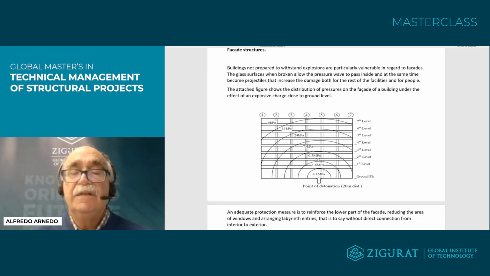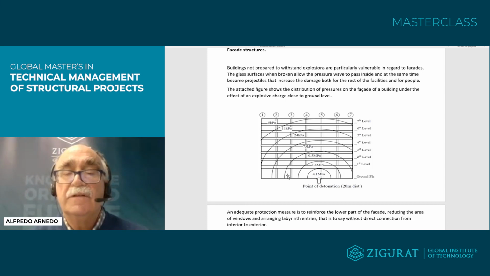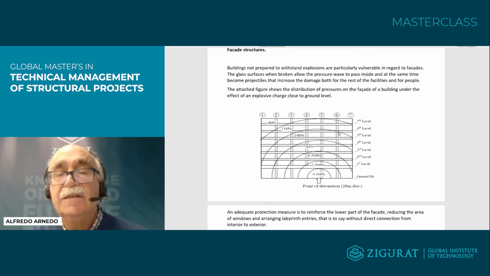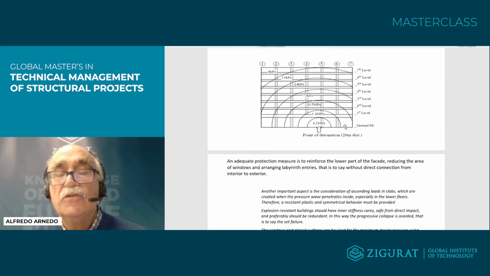As you can see at the bottom, the pressure is not linear, it is not proportional to the distance. This is the weak part, the problematic part. We have to reinforce all this part of the facade, and it's not so important in the 6th and 7th levels.